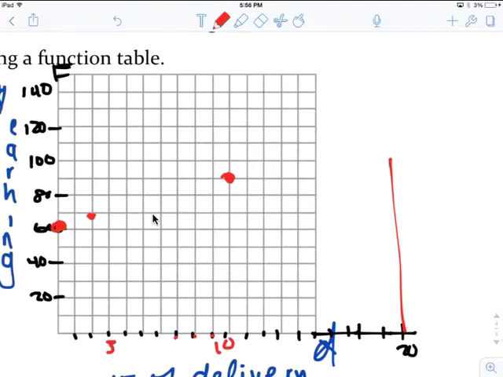So where does it go? Right here. Connect the dots.